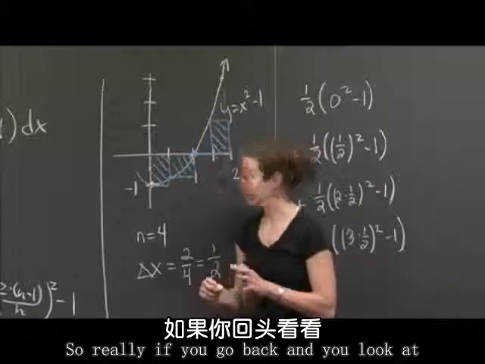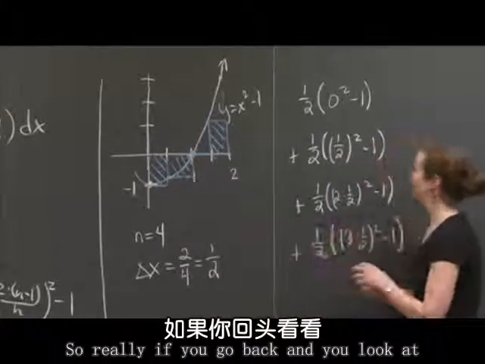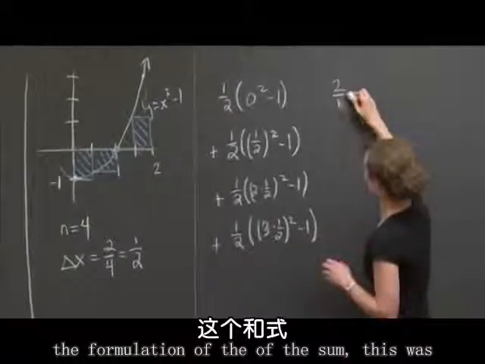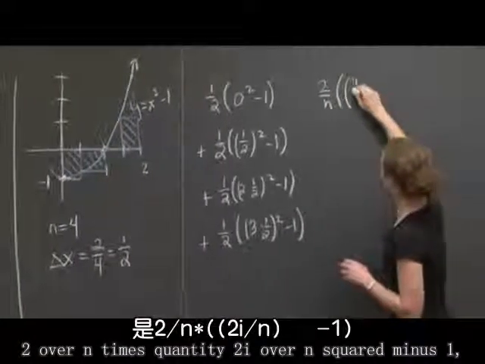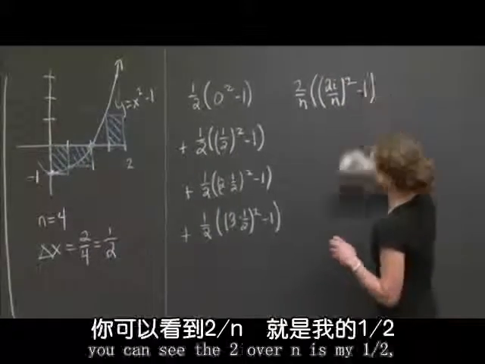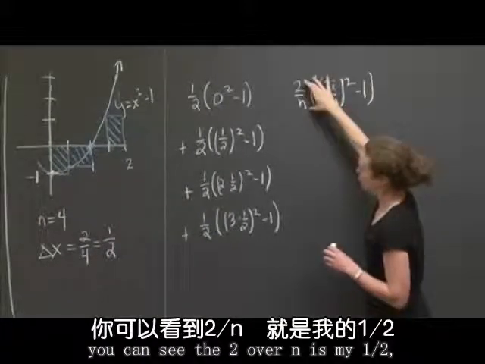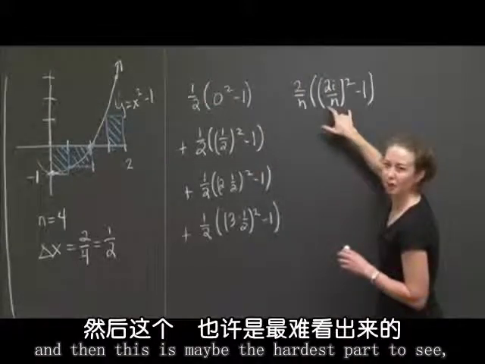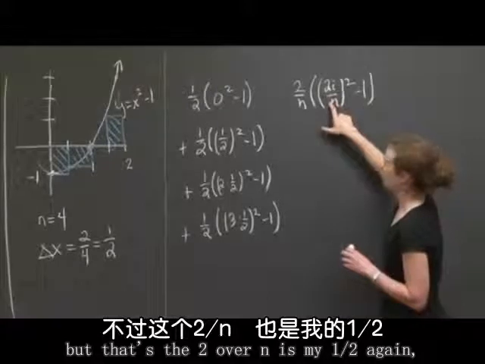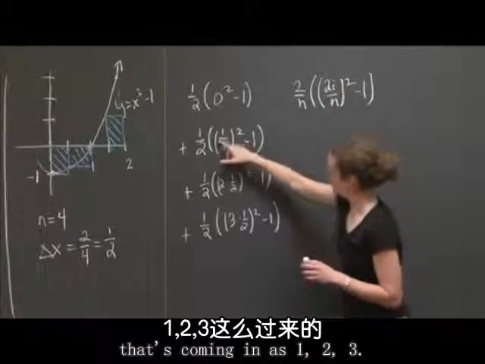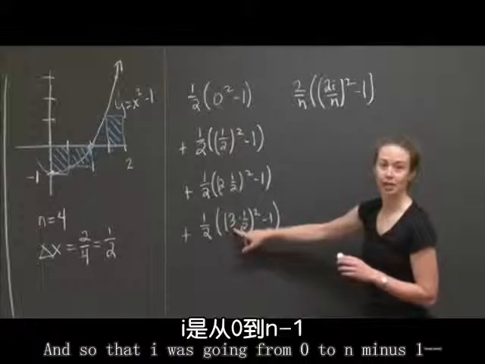Right? So really, if you go back and look at the formulation of the sum, this was 2 over n times quantity 2i over n squared minus 1. You can see the 2 over n is my 1/2, and then this is maybe the hardest part to see, but the 2 over n is my 1/2 again, and the i is this thing that's coming in as 1, 2, 3.